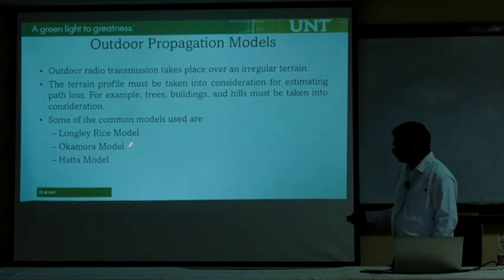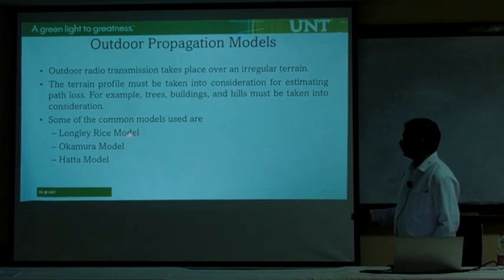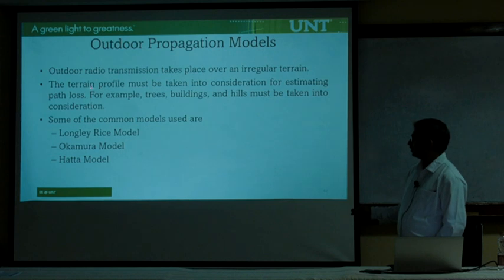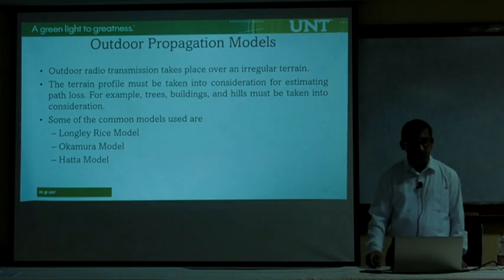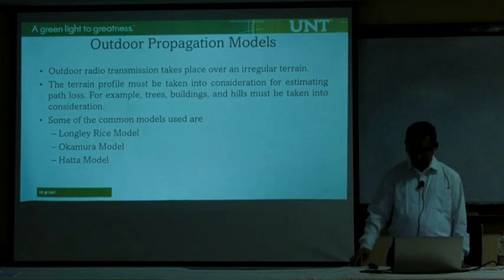And there are lots of models, but we don't have to review all of them, though there are a lot of common models. Typically the path loss model depends on the environment. Environment means trees, buildings, hills. So it's not the same. Some people spend a whole lifetime just working on this kind of research.